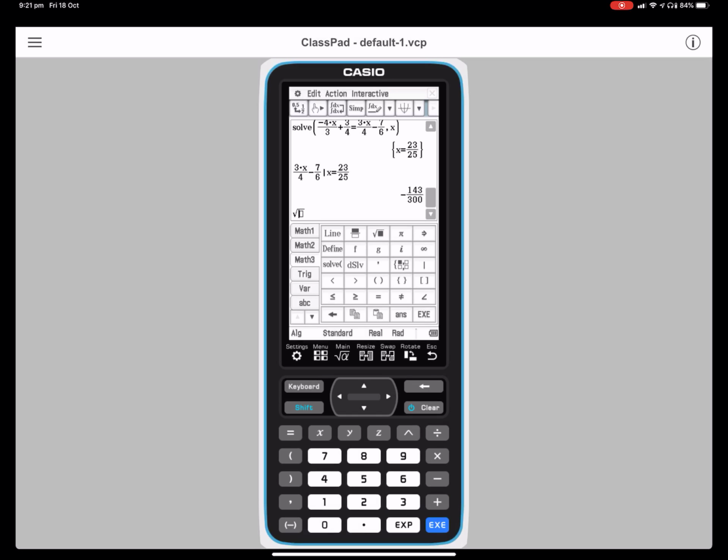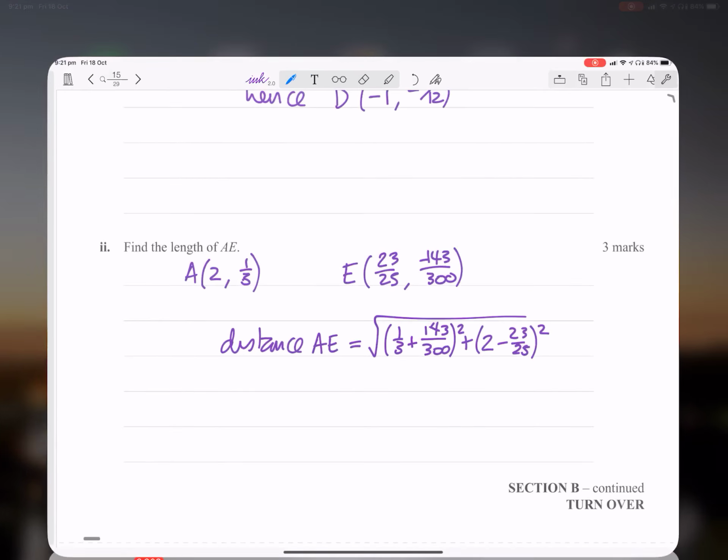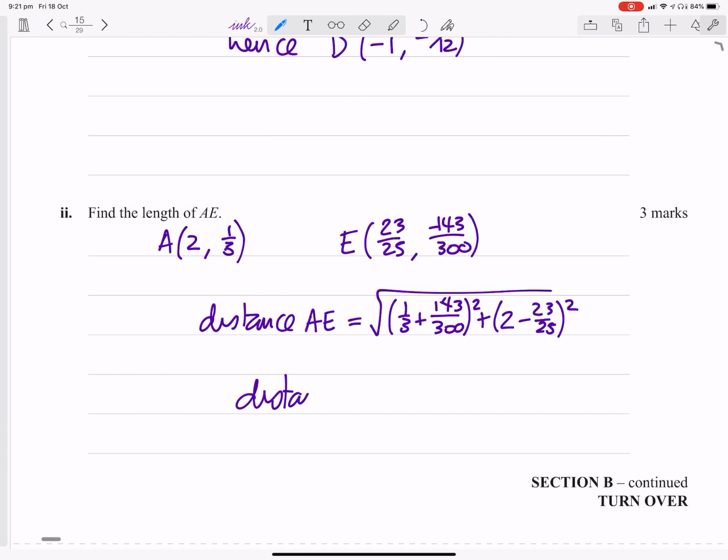Okay, so square root of 1 on 3 minus that squared plus 2 minus 23 on 25 squared, 27 on 20 units.